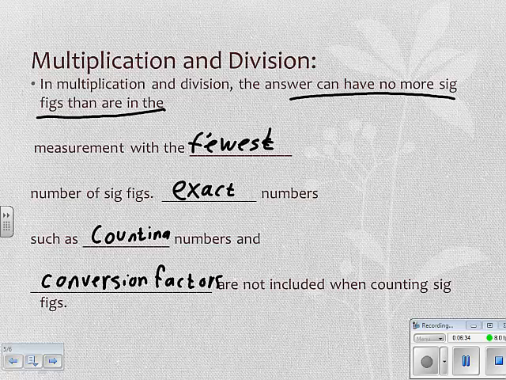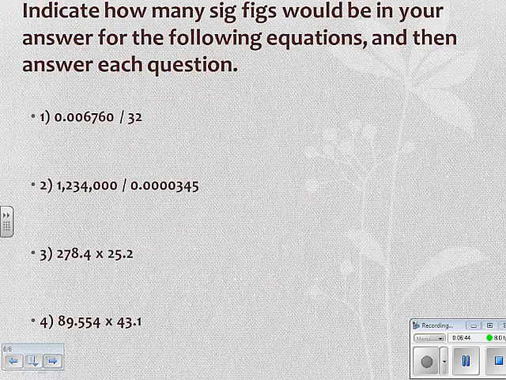But this is the key statement that's going to govern you when you're doing your math. You're going to find the measurement with the fewest number of significant figures, and that will dictate how many sig figs are in your answer. So let's go ahead and work through these. I'll do numbers 1 and 3. I want you to try numbers 2 and 4.